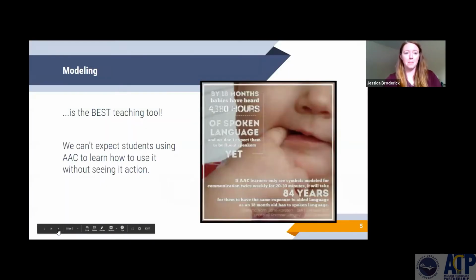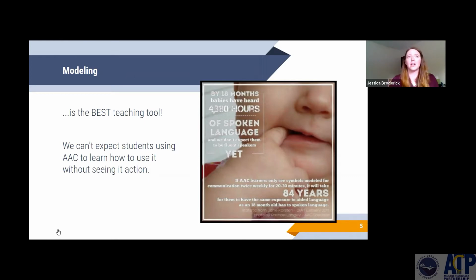Okay, so defining modeling. The first thing I want to tell you is that modeling is the best teaching tool. I get a lot of questions about, well, how do I teach AAC? How do I teach them? And my response is always, how are you modeling it to them right now?